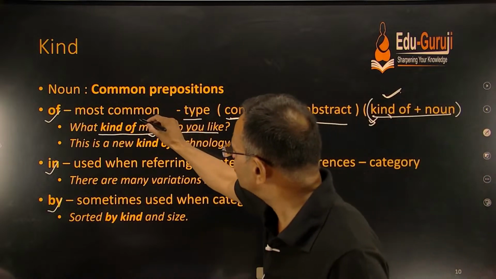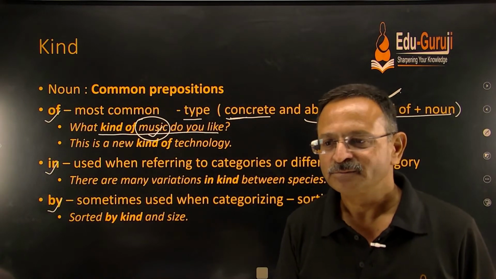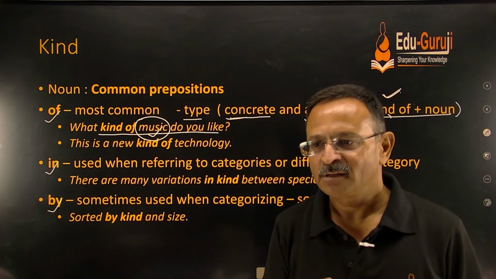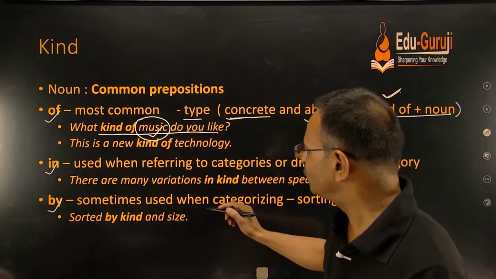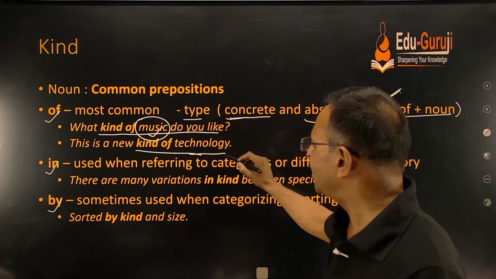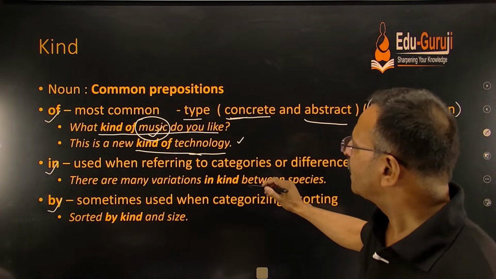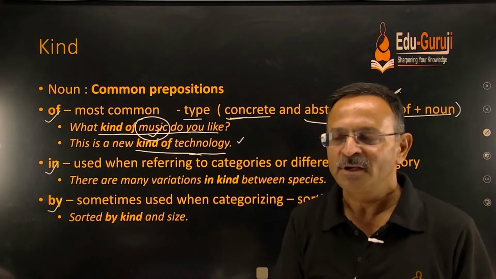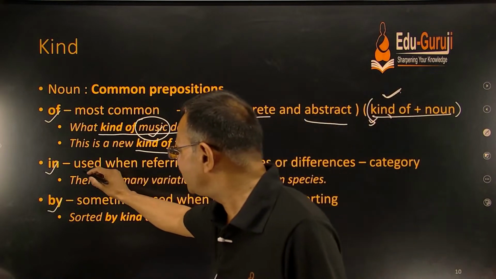We are using music, which is concrete or abstract? The word music itself is abstract in nature. Then you have this new kind of technology, which is again abstract. Got it? So "of" is the most common, and we use it for concrete and abstract nouns.